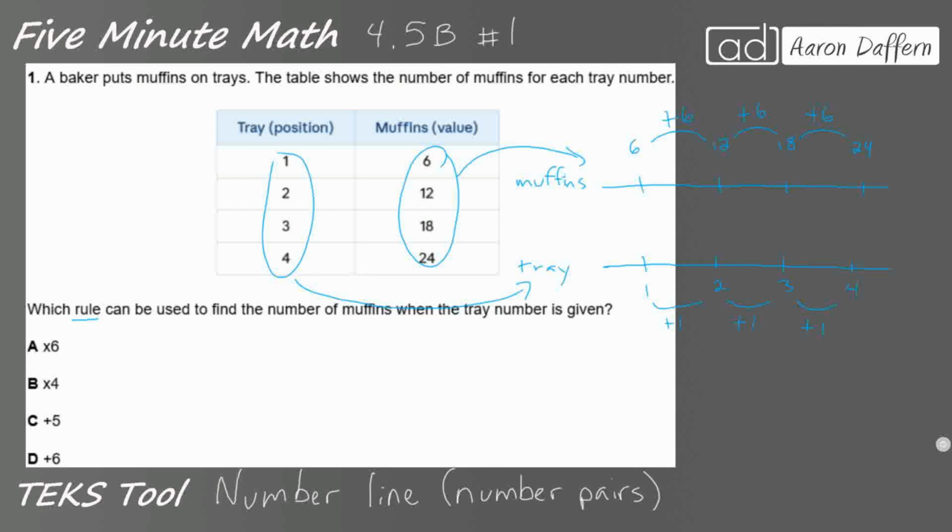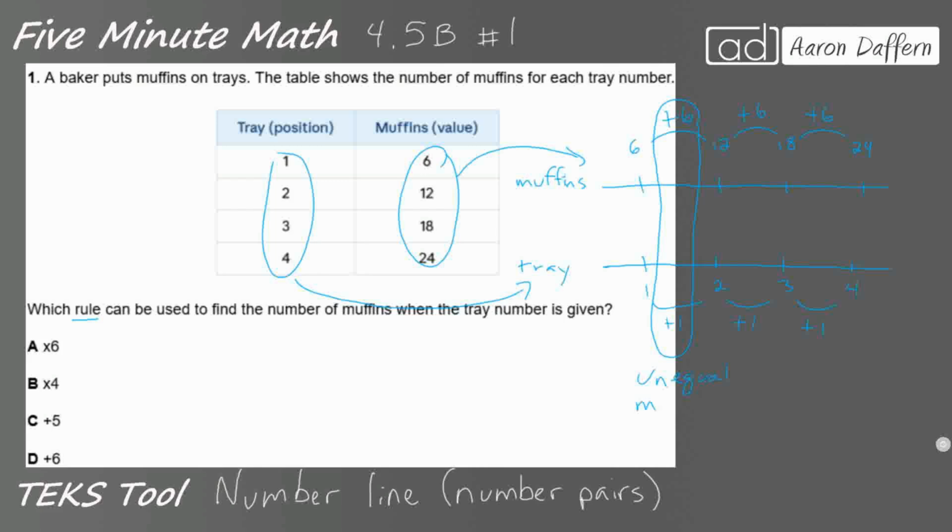So when we see that the jumps between the bottom, the tray, and the jumps between the top, the muffins, are unequal, that tells us something. And this is how we can tell whether it's an additive or multiplicative relationship. Additive meaning addition, multiplicative meaning multiplication.